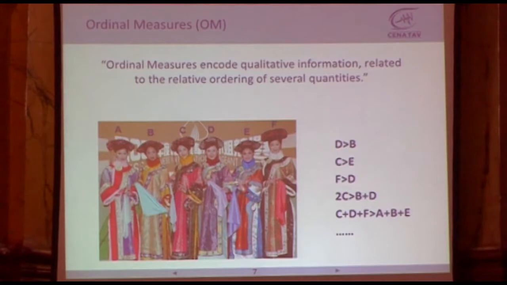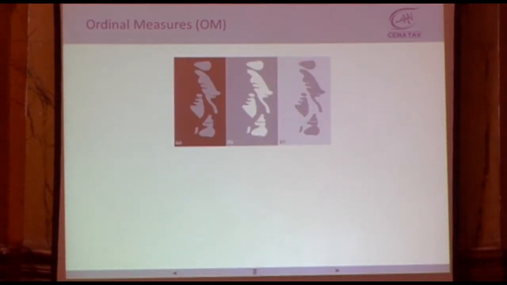The ordinal measures are quite a simple concept that encode qualitative information related to the relative ordering of several quantities. In that example, you can see that it's easy to compare persons by their height or weight, but it's difficult to say the specific difference between them. In the case of computer vision, it's related to comparing the brightness or intensity level of images.